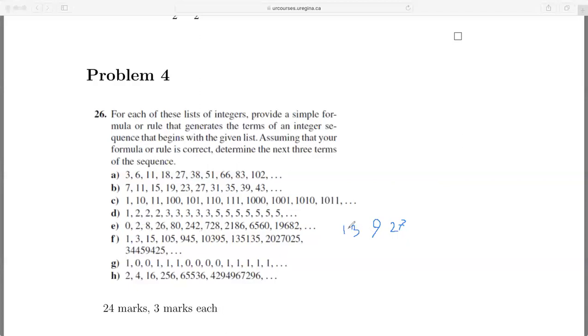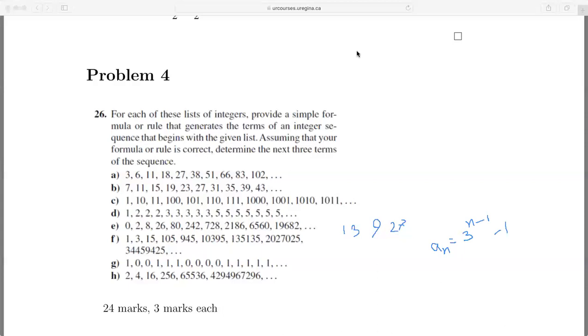So here 1 minus 1 is 0, 3 minus 1 is 2, 9 minus 1 is 8. So this is actually 3 to the power n minus 1, minus 1. This is our formula. So we can find the next three terms in this way.